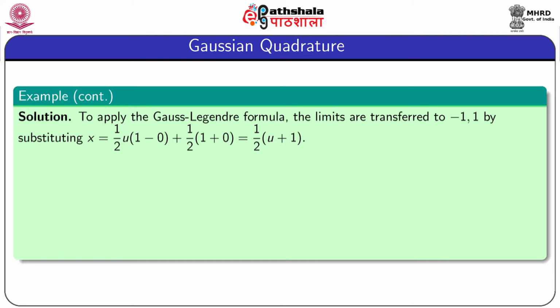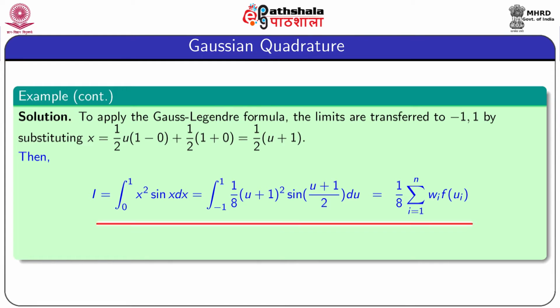So, you have to transform the integral by a suitable substitution x = (1/2) u (1 - 0) + (1/2)(b + a), which is equal to (1/2)(u + 1). So, using this substitution we can transform the given limits to -1 to 1.